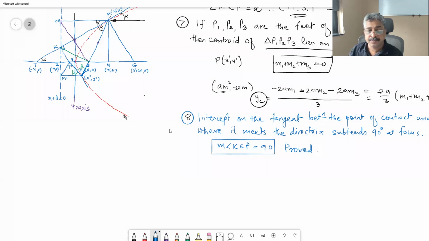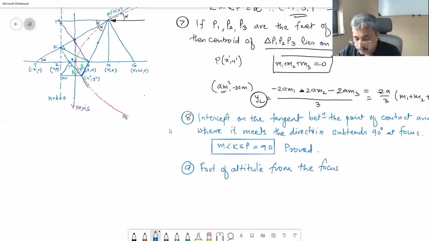Problem number 9. Foot of altitude from the focus on the tangent lies on the tangent at the vertex.